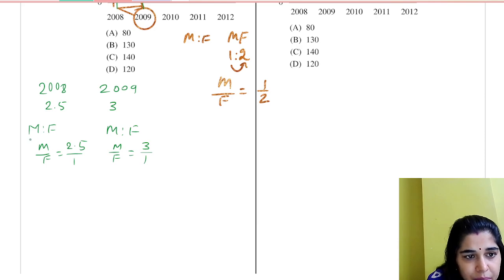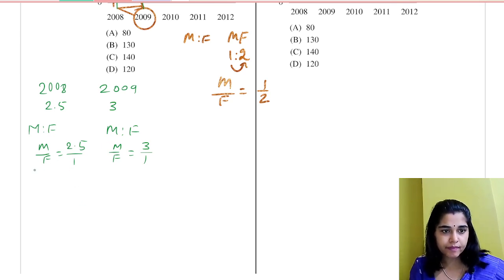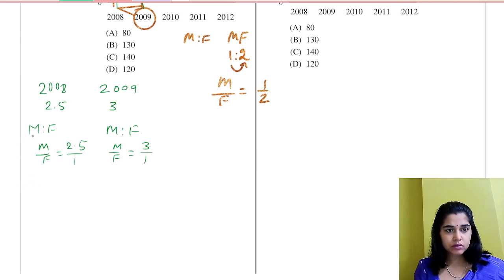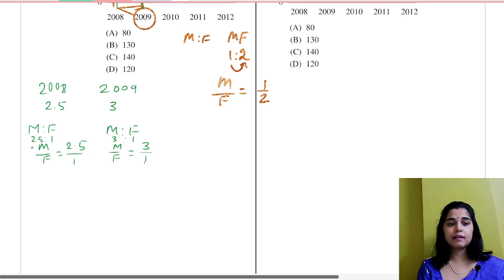So male is 2.5 and here male is 3. Or you can write it like this also, 2.5 to 1 and 3 to 1. But they are asking about male. How much increase is there in the male number?